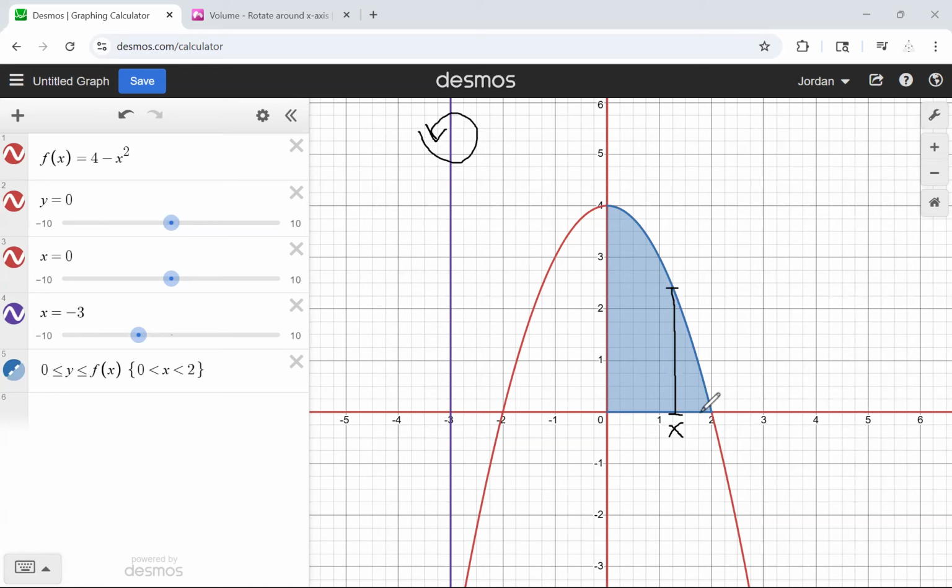So the region has x values that span between 0 and 2. And then my radius for the cylinder that I've created is going to go from whatever arbitrary x value I'm at down to -3. So that's going to be what I get when I rotate that thing around.